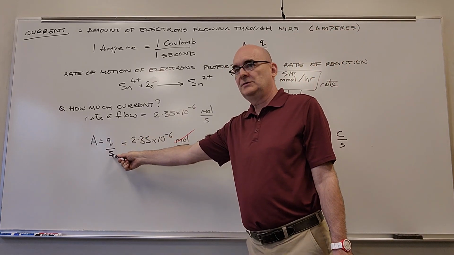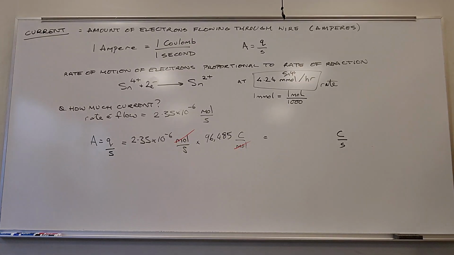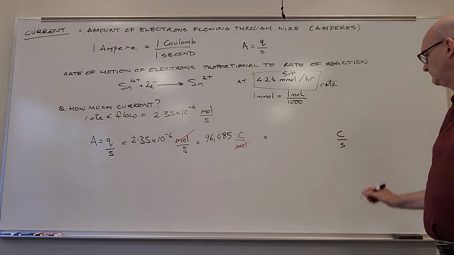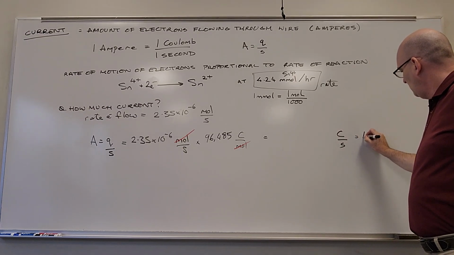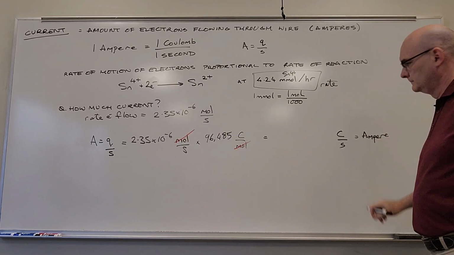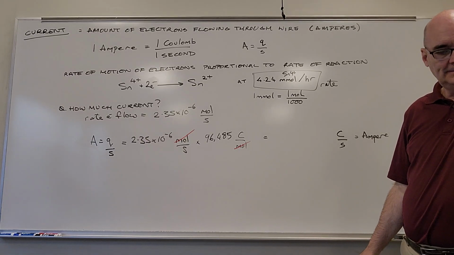Q is in coulombs, per seconds are in per seconds. Coulombs per second is amps.